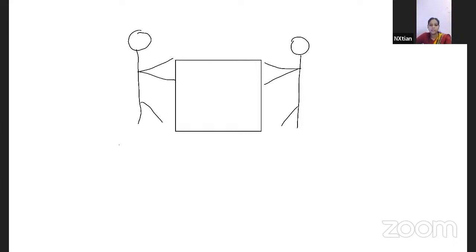They were trying to push it. The question was that if the magnitude of force applied by both of them is equal, then will the box experience any force of friction?